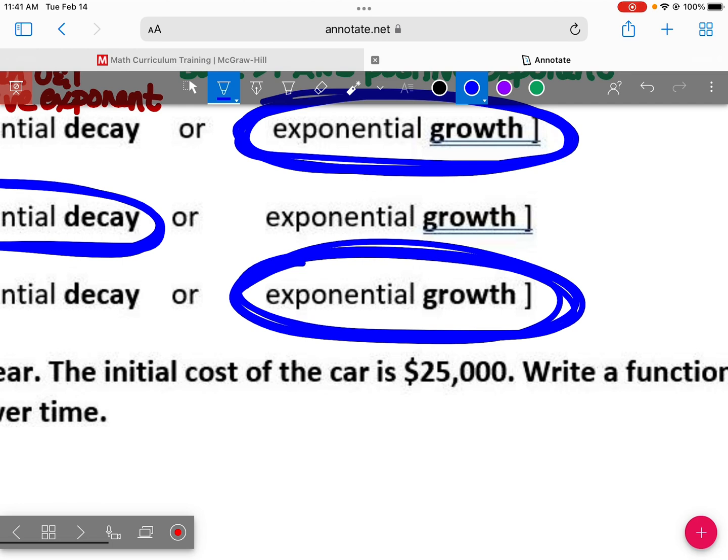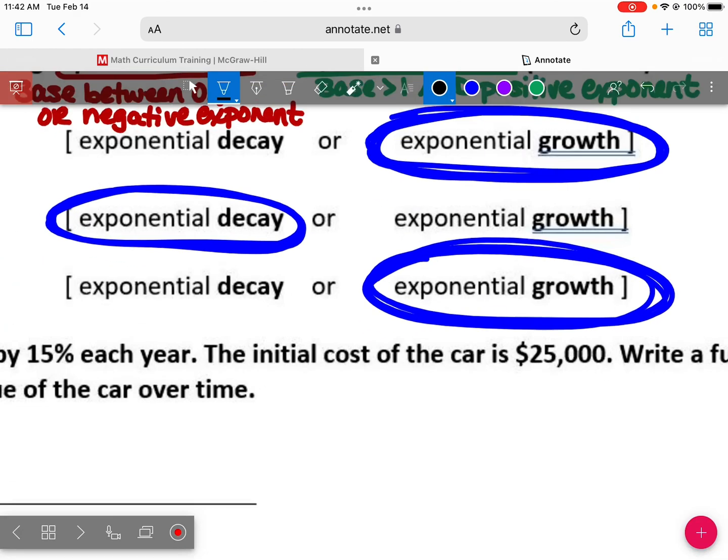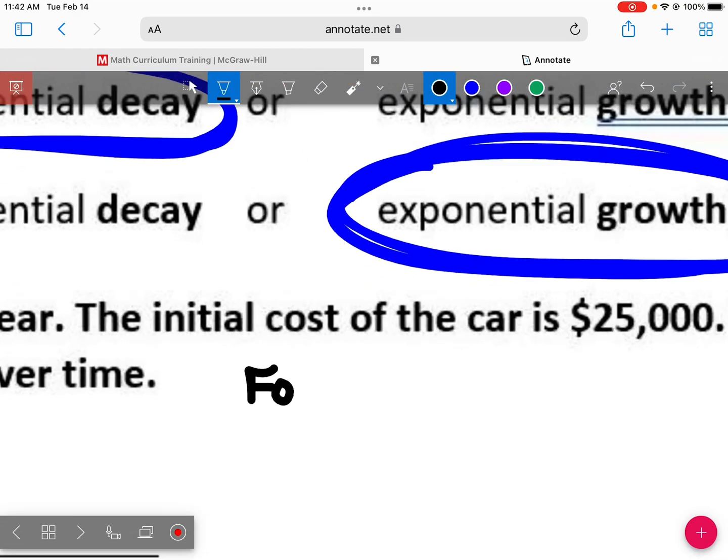Number 2. Is that a story problem? Yes. Which means I'm going to have to use one of the formulas. Read through that story problem carefully and tell me which one of those formulas I'm going to need to use. Which one?